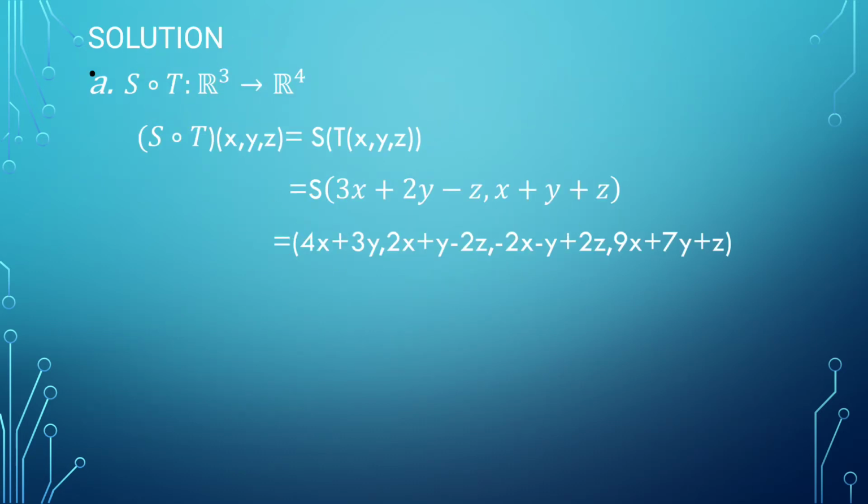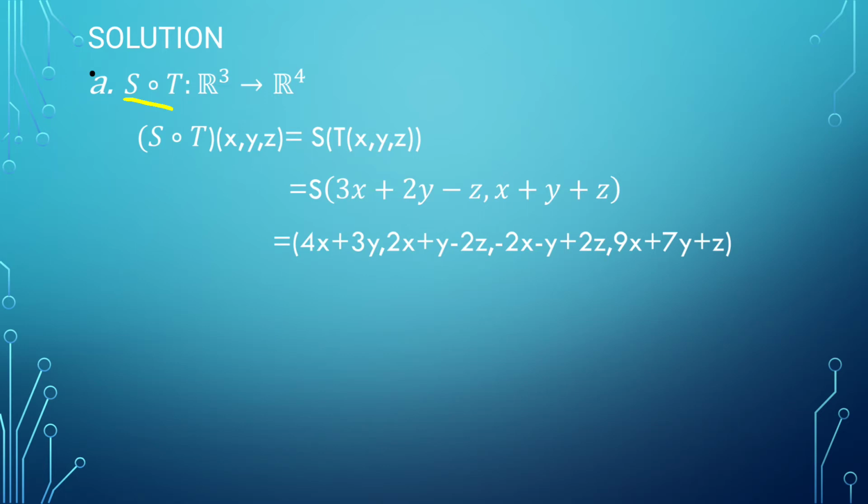Now you want to work ST. This will mean what? We are moving S, then T. The operation for S is R2, and R2 is going to R4, it's moving up to R4.